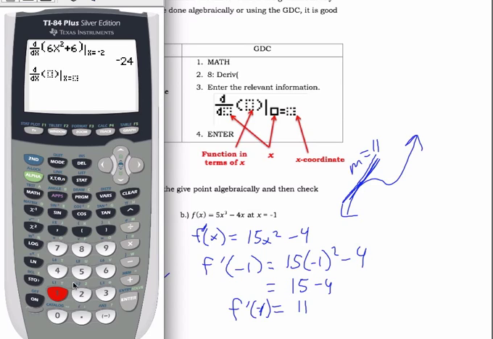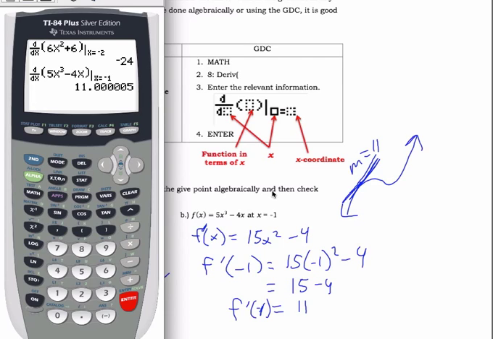Then we have, sorry, I typed in the wrong function, 5x cubed minus 4x. And we're finding the derivative at the point x equals negative 1. And we get 11.000.